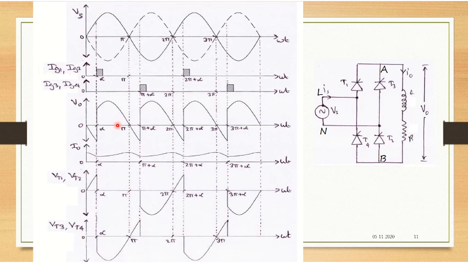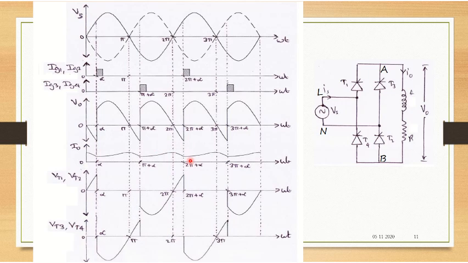If you are triggering your T1 and T2 after 90 degrees, say somewhere here, the output voltage will appear from this point. Instead of here, it may appear somewhere here. But the negative cycle would also be extending this side, which means the output voltage will be more negative, correct? But the current will remain positive.